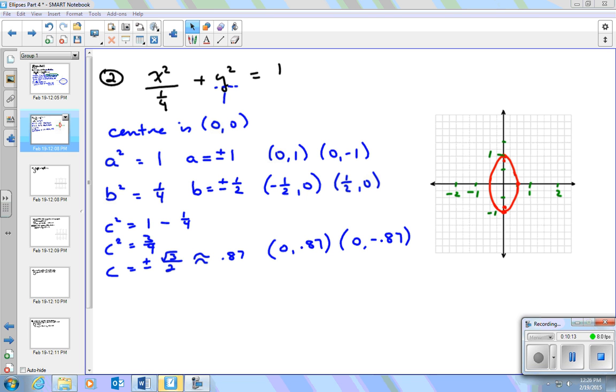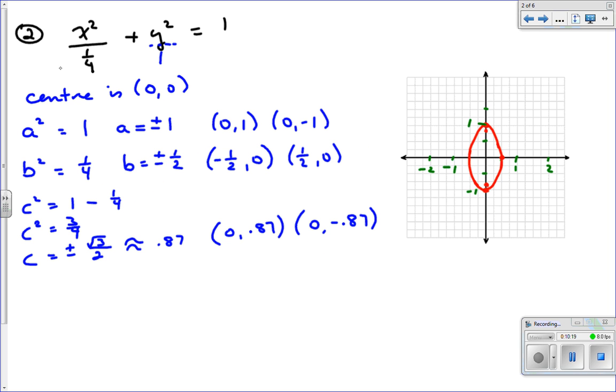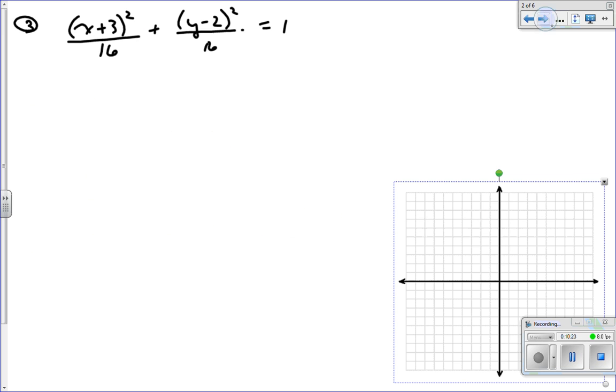All right, so let's move on to the next problem here. So the third problem, we've got (x plus 3) squared over 16 plus (y minus 2) squared over 16 equals 1. So where's the center on this, first of all?